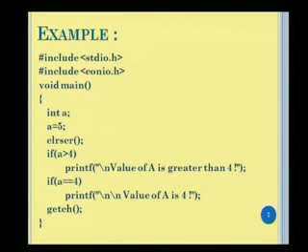We have another example: hash include stdio.h, hash include conio.h. First of all, before starting if conditions, I want to explain why we use hash. Hash is a preprocessor. It is an instruction given to the compiler to execute first. Preprocessor means pre, meaning before, and processor, meaning to process, to give a certain type of output.